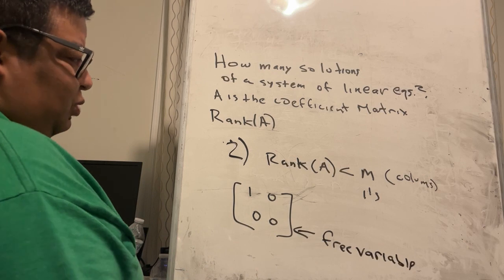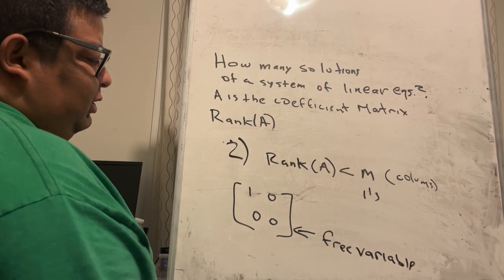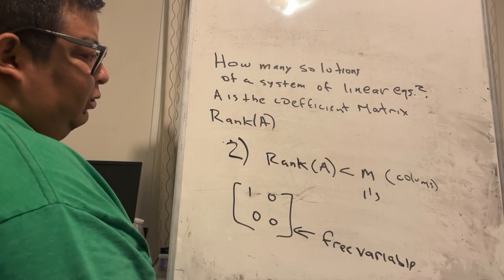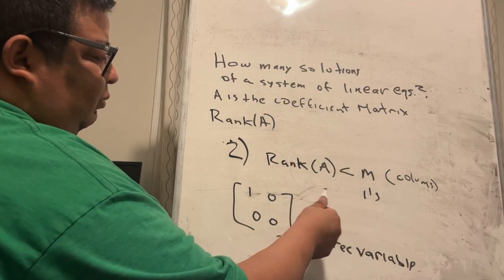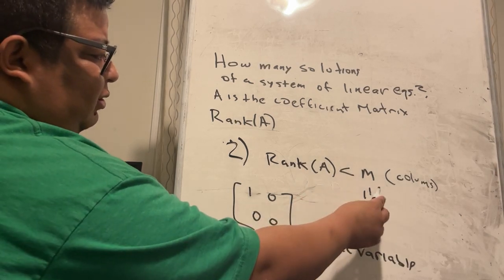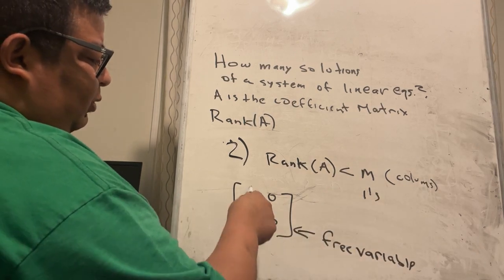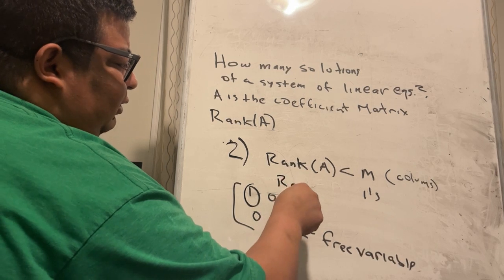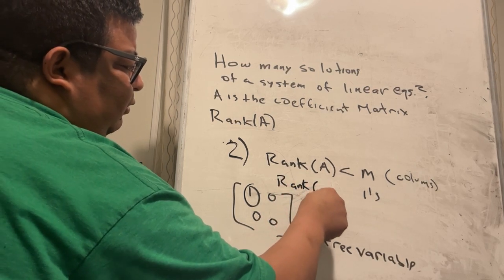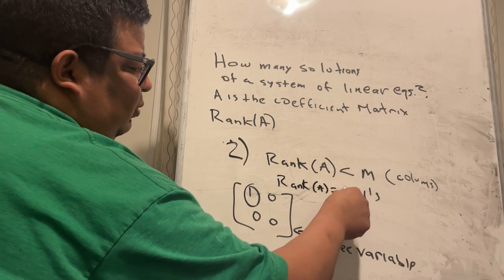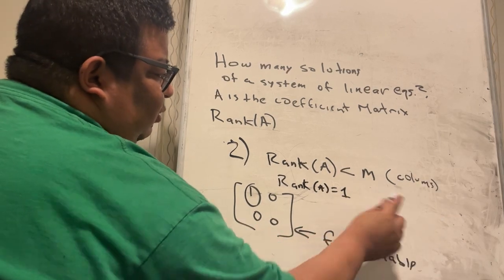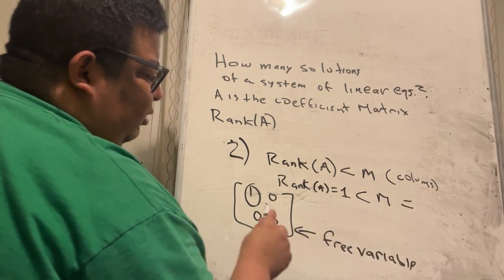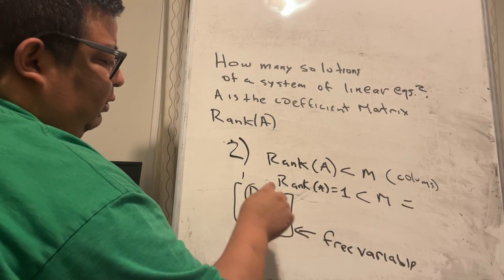The problem with this one is that here, because we have a free variable, the rank, remember how many ones, how many columns, ones in each column, we have only one. That means that rank of A is equal to 1, which is less than M, which is equal to how many columns we have? 1, 2.